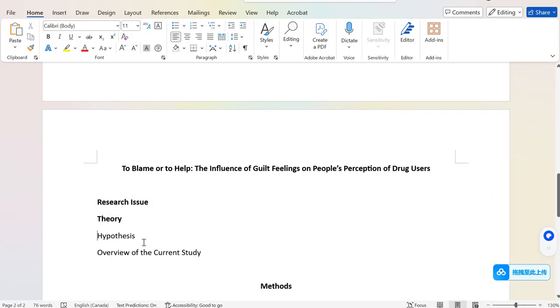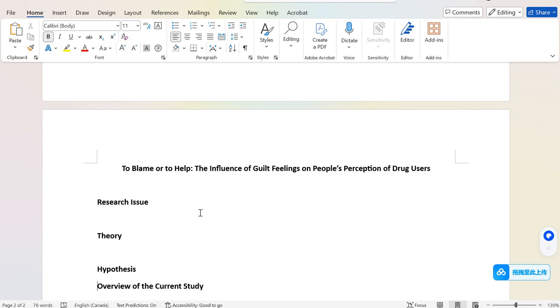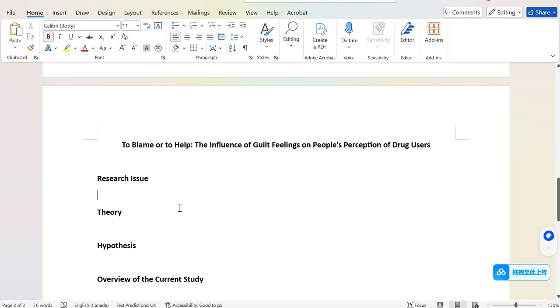Level 2 heading in APA style is flush to the left, in bold print, and certain letters are capitalized, title case capitalization. Now you can fill out the details of each section, under each heading.